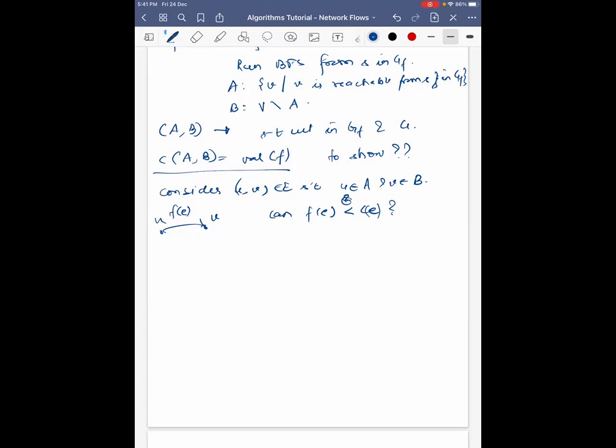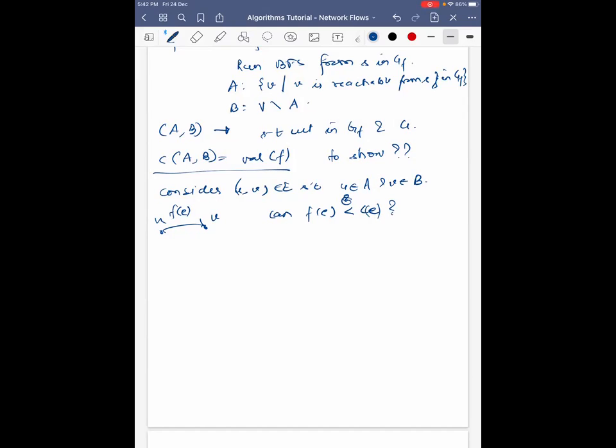I'm always assuming that my flow is non-negative, because if the flow is 0, there isn't really anything to do. But if the flow is 0 up till here, does that mean there could not have been a path?